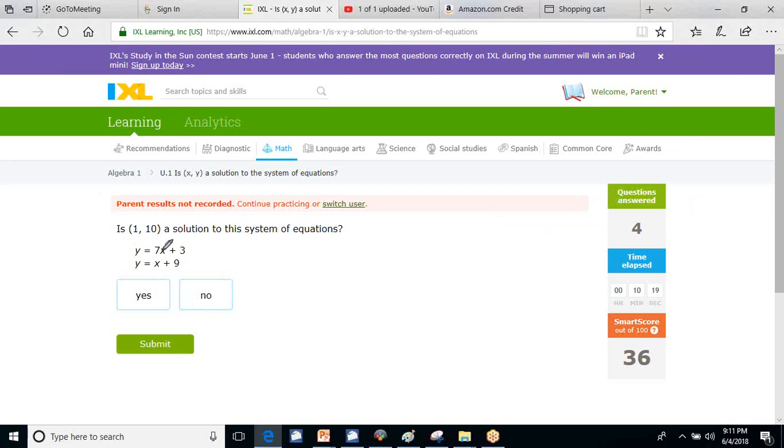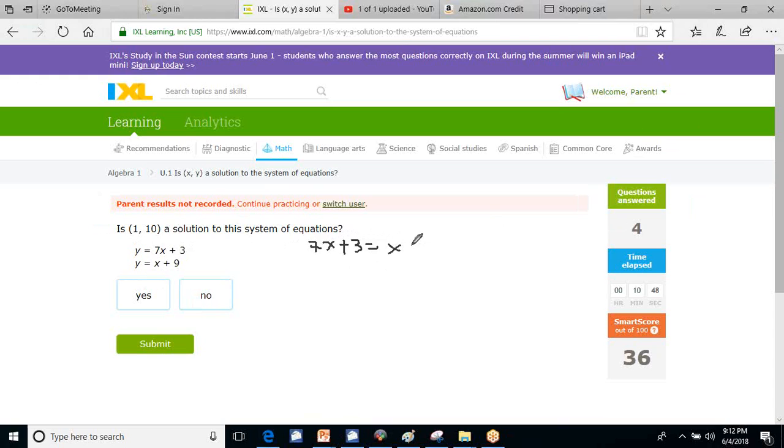So y is equal to 7x plus 3. So 7x plus 3 is equal to y. But y is also equal to x plus 9, right?